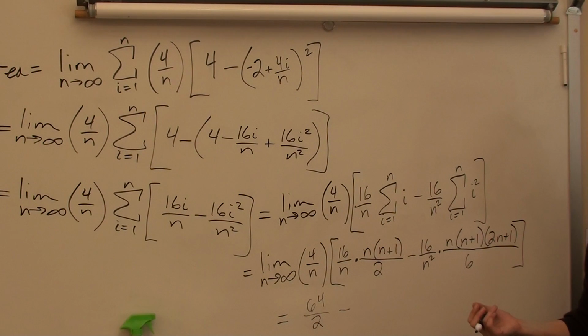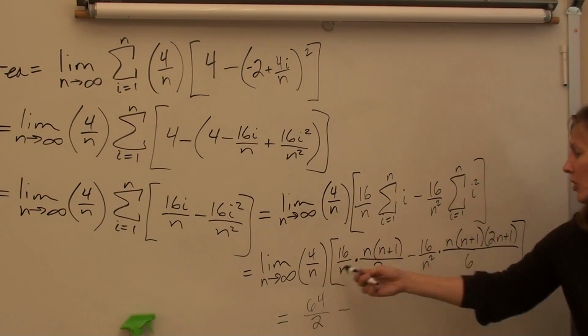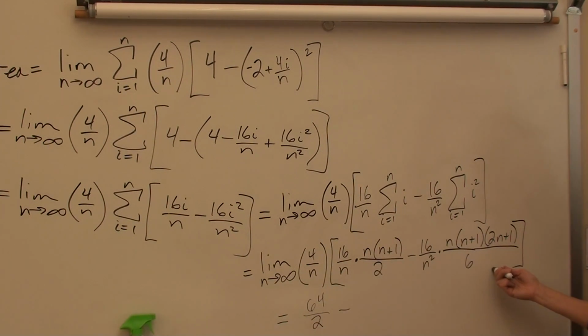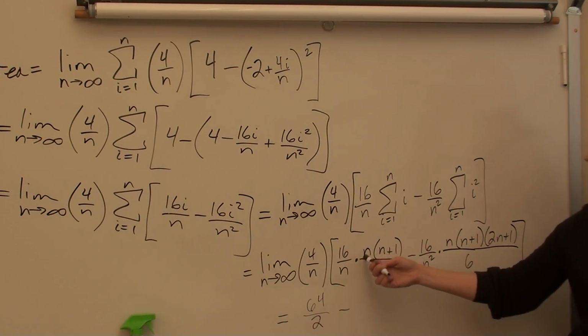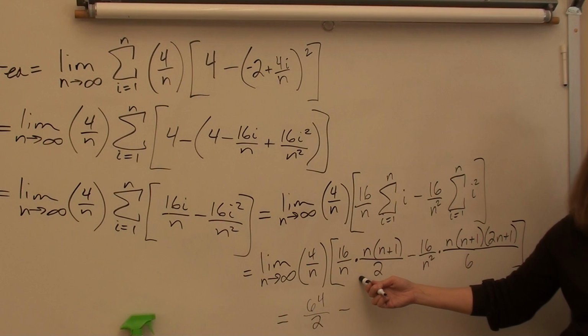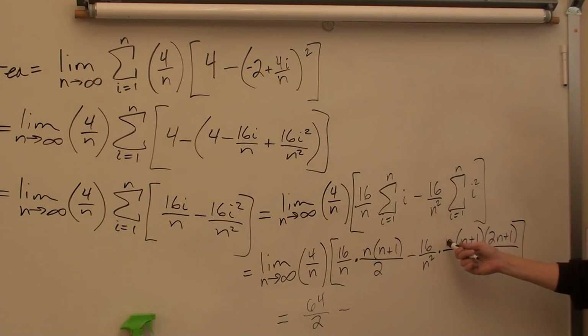But you wouldn't do anything with the 4 over n times this way? You cancel out the n squared, but then what about the other n? These are horizontal asymptote rules. If the degree of the top and bottom are the same, it's the quotient of the leading coefficients. So here, we have an n cubed on top, and we have an n cubed on the bottom.